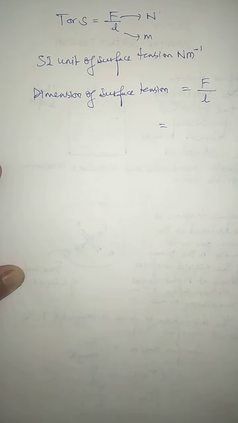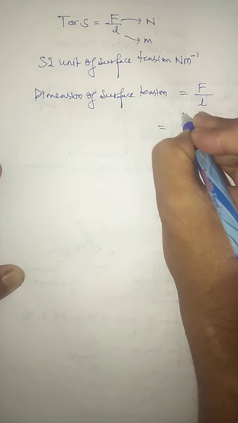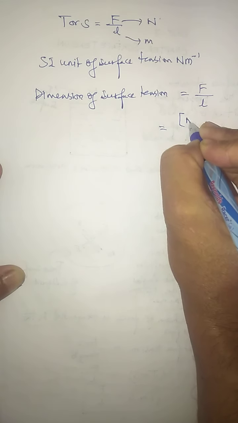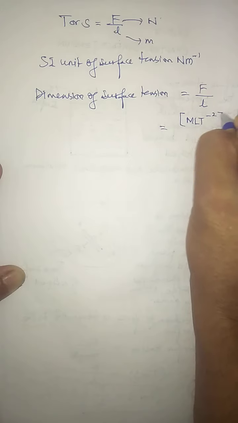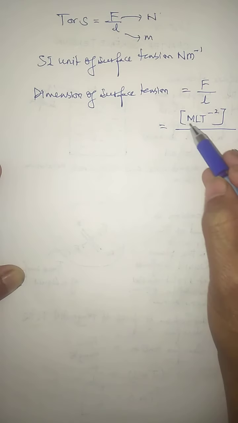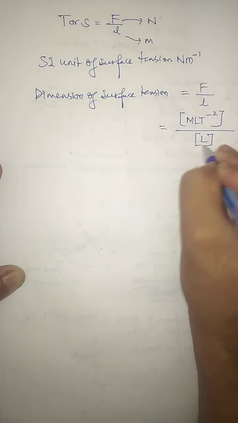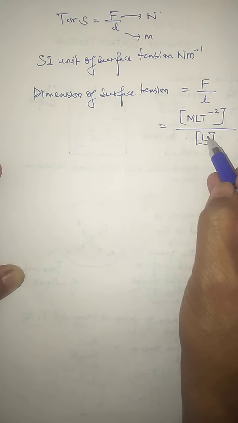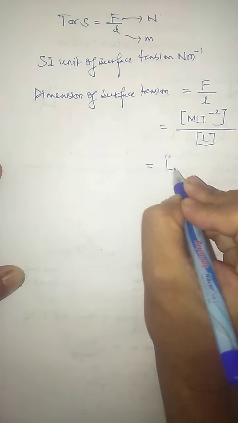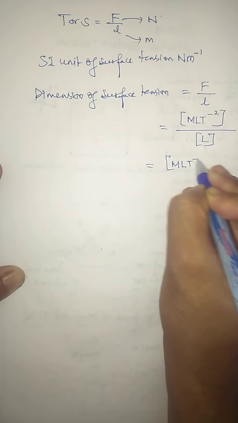You have learned in the dimensional analysis chapter that the dimension of force is MLT^-2. What is the dimension of length? L. Now this L I'll take in the denominator, so it will be MLT^-2 divided by L.